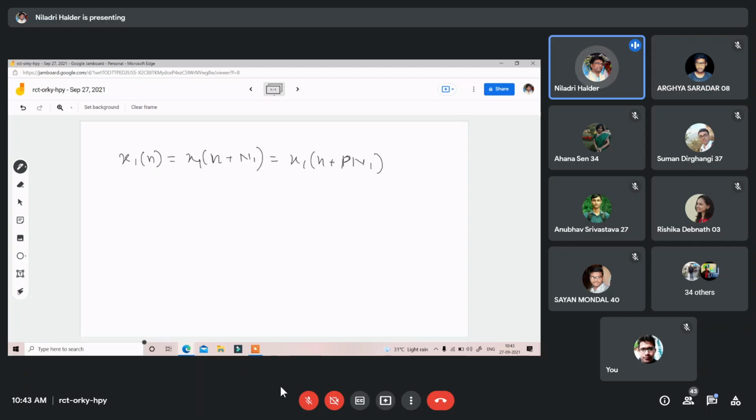So for the first period, the second period, the third period, you will get the same value as x1[n]. Similarly, x2[n] you will get: x2[n plus N2] and x2[n plus qN2]. p, q are integers. Keep in mind.